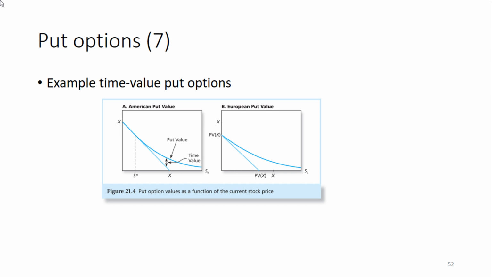So fully due to the opportunity for the underlying stock to further decrease in value, and then for the option to get into the money, and then for the put to get value.